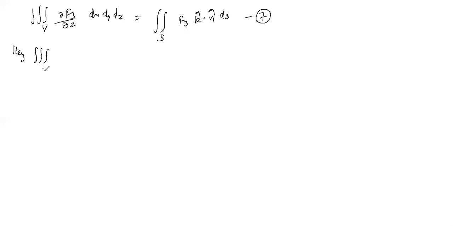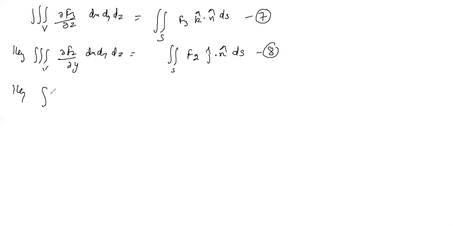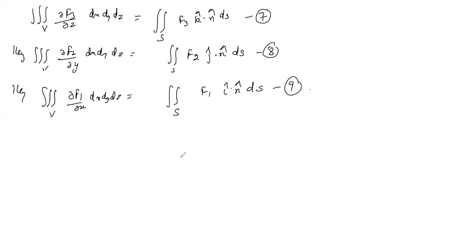Similarly, triple integral for curl f2 upon curl y dx dy dz will be equal to the surface integral f2 j dot n ds as equation number 8. Similarly, for triple integral curl f1 by curl x dx dy dz is equal to the surface integral f1 i dot n into ds. All this is equation number 9.